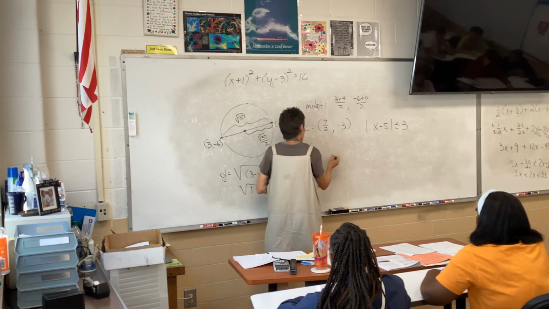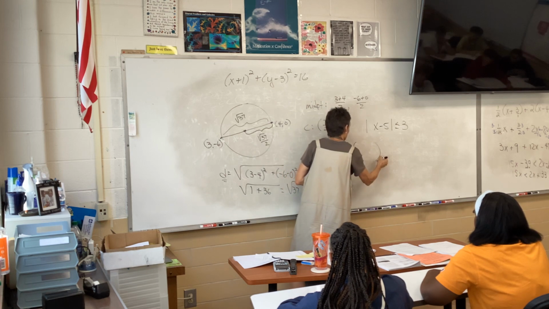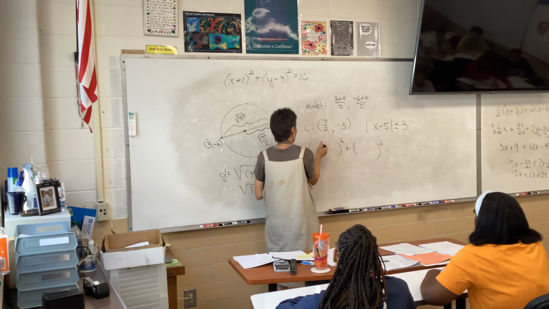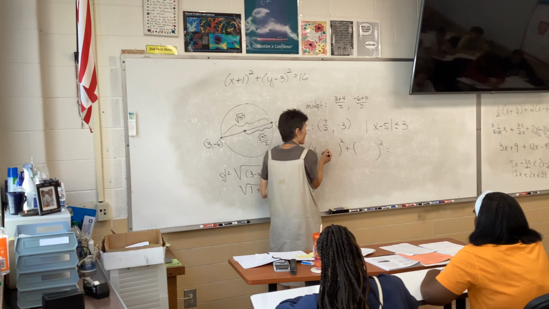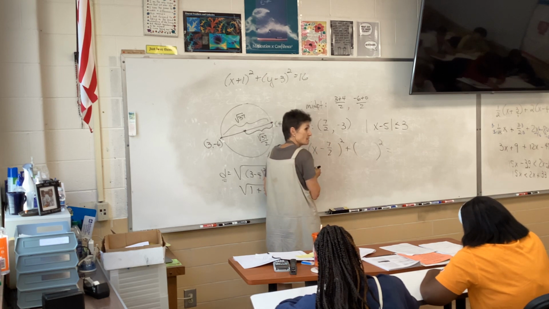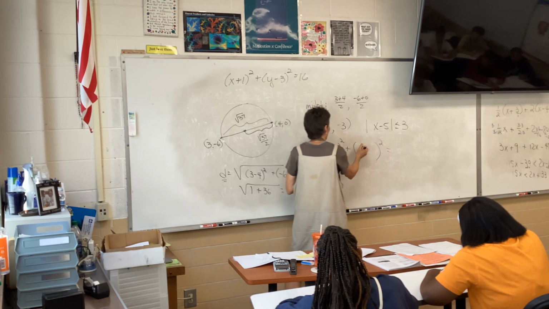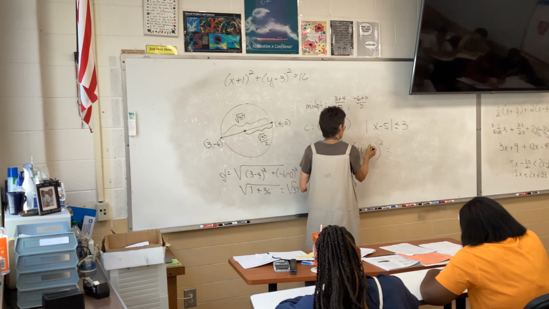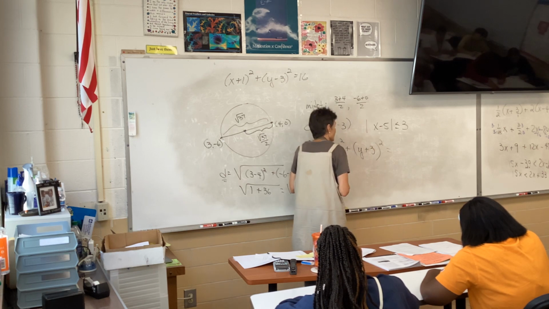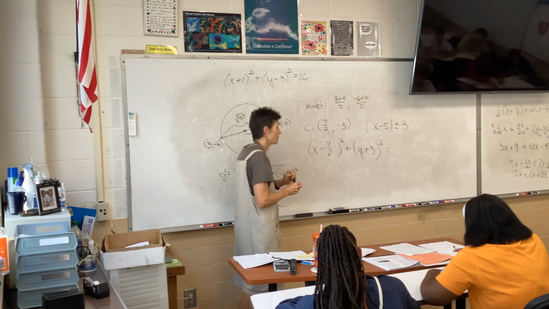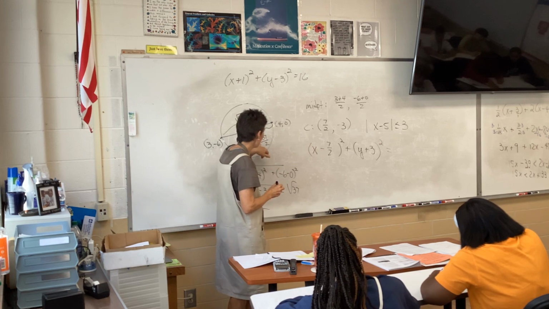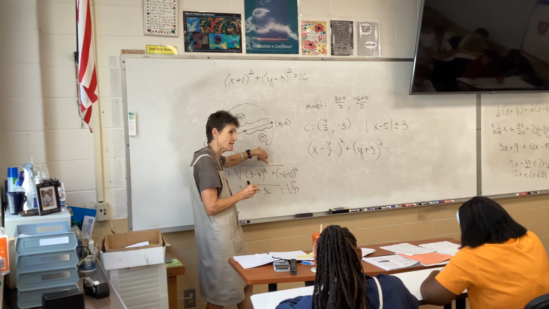Okay, what's my equation gonna look like? x minus 7 halves squared, y plus 3 squared. Now here's where things get a little hairy. What's that going to equal? Remember, this was your radius.